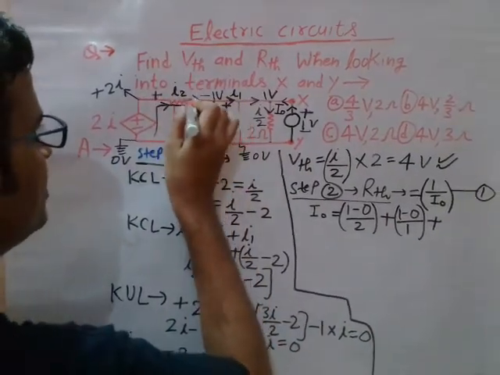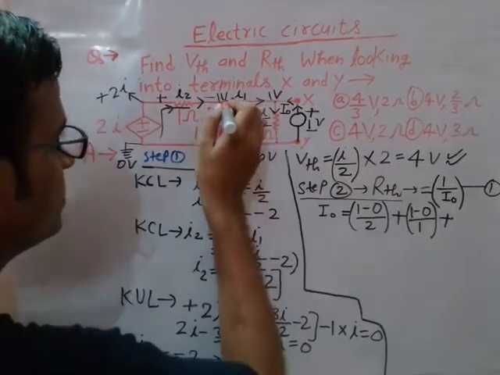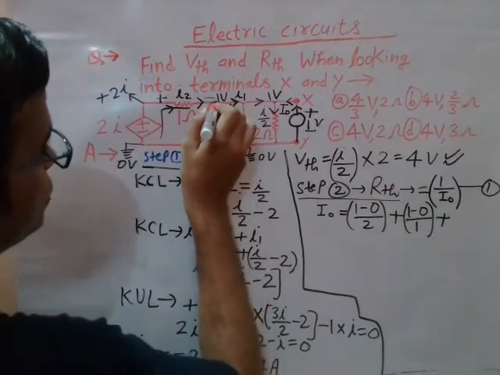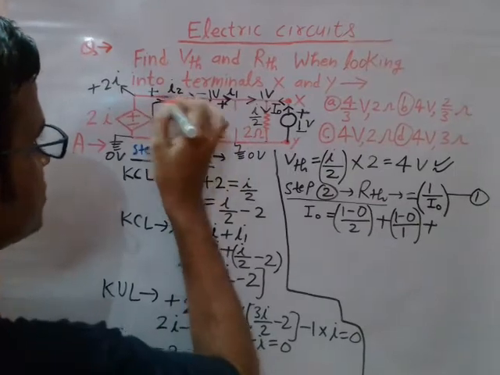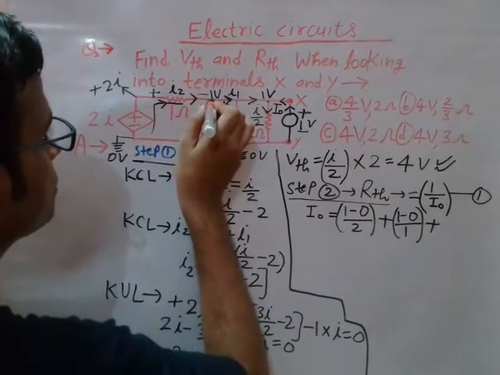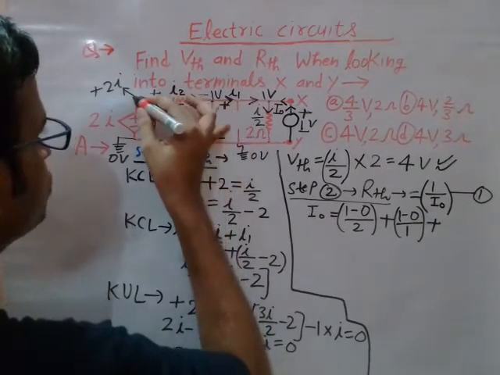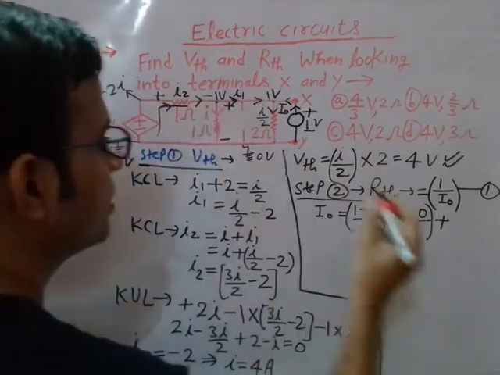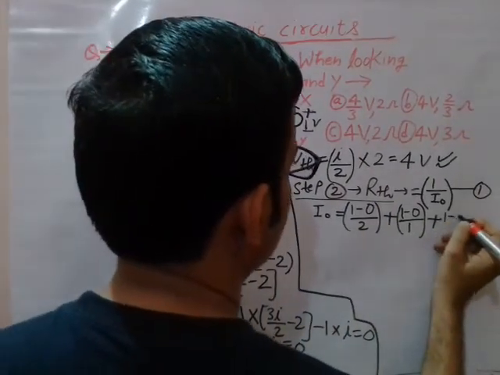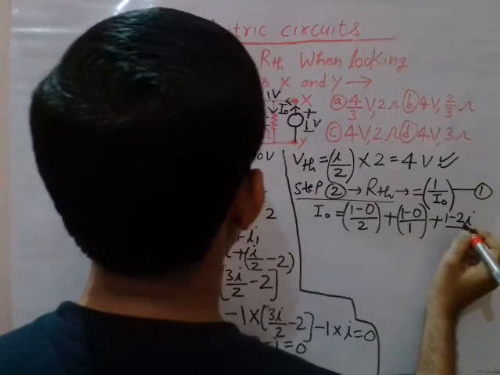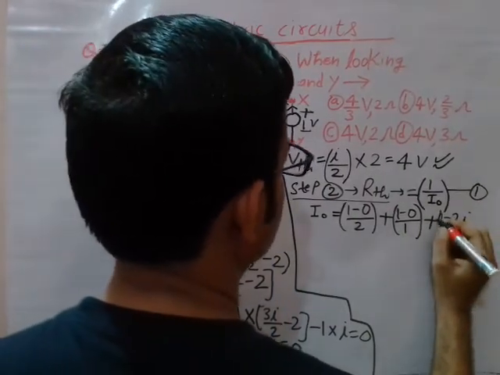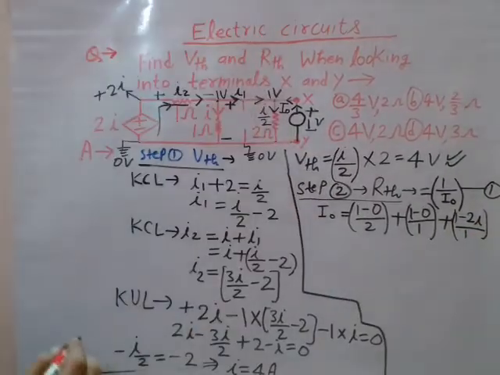I am taking the sum of all the outgoing current, so take this current which is leaving this particular node. That means 1 volt minus 2i divided by 1. So you will write 1 minus 2i divided by 1 like this.